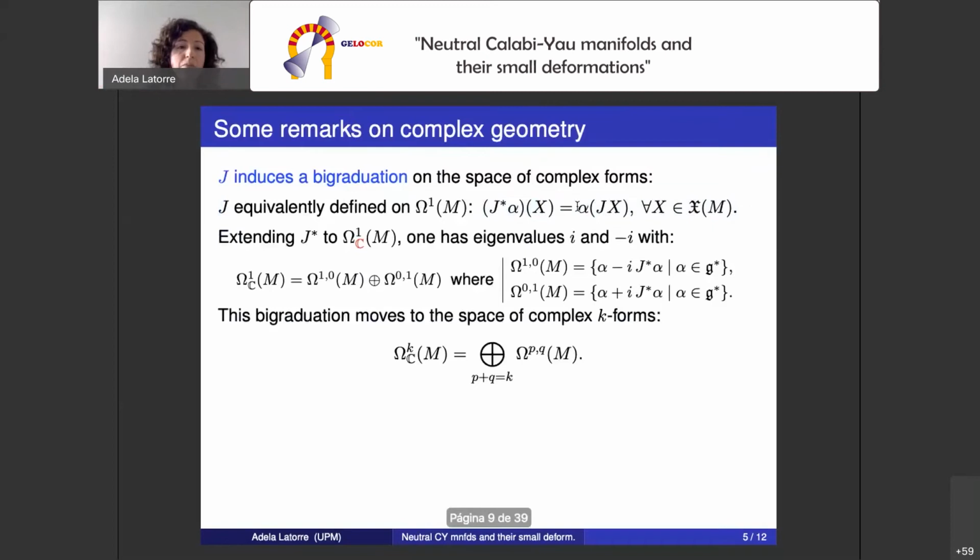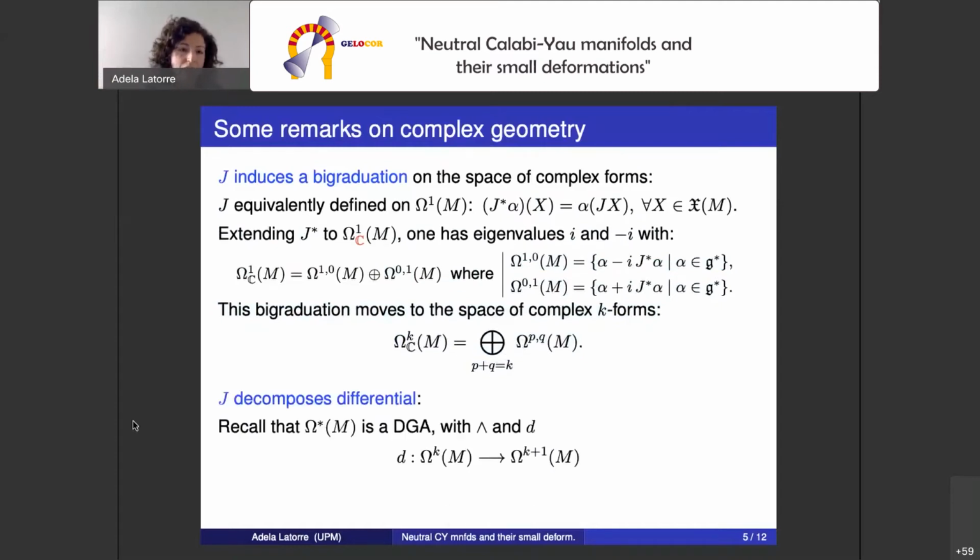But then, if we complexify the space of one-forms, it turns out that this map splits my space into two eigenspaces, one associated to the eigenvalue i, and the other one to the eigenvalue minus i, which are defined in this way. Okay. And then this bigraduation moves to the space of complex k-forms. So every complex k-form would be of a particular (p,q) type.